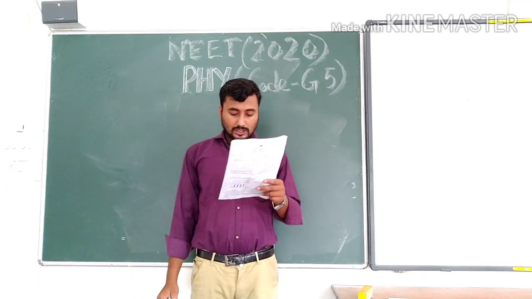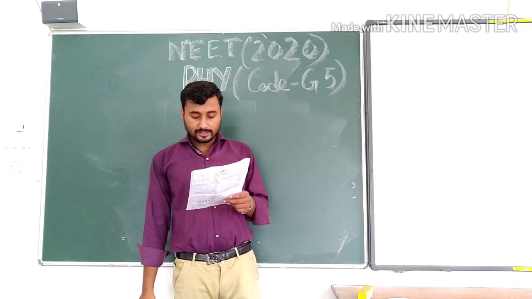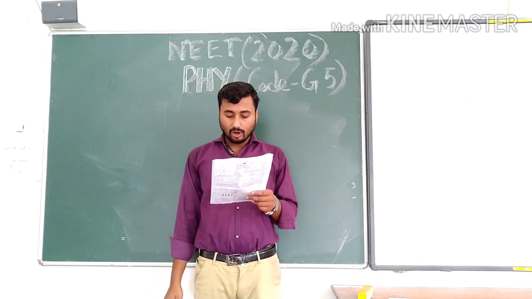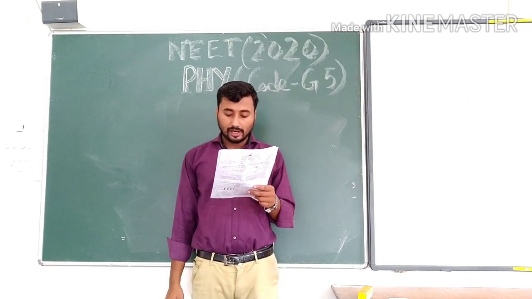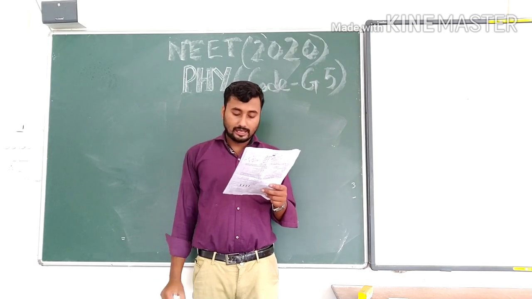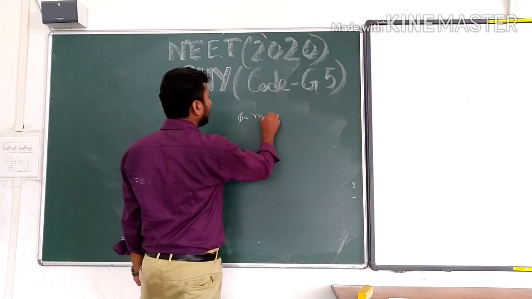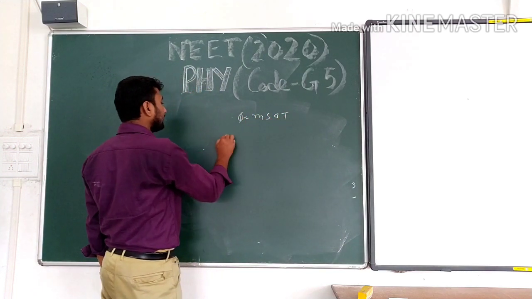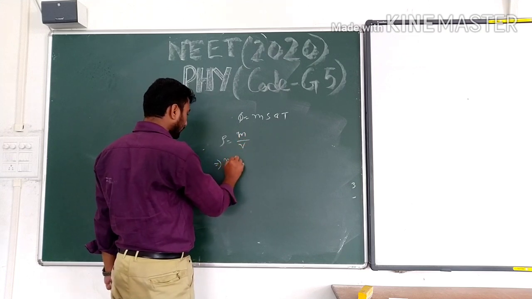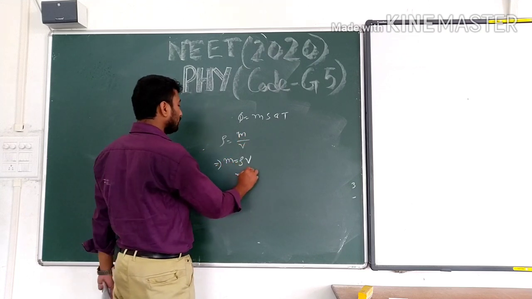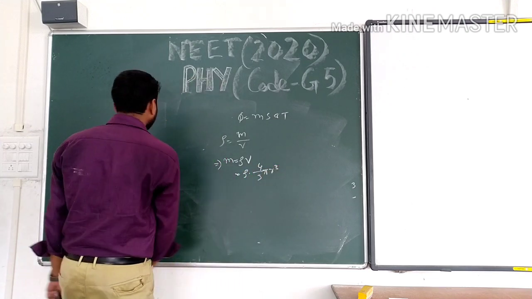So next question, 155. The quantity of heat required to raise the temperature of two solid copper spheres of radii R1 and R2, R1 is equal to 1.5 R2, through 1 Kelvin, are in the ratio. So on this one we have Q is equal to ms delta T. Again density is mass per volume, so mass will be density into volume. Volume of a sphere is 4 by 3 pi r cube.